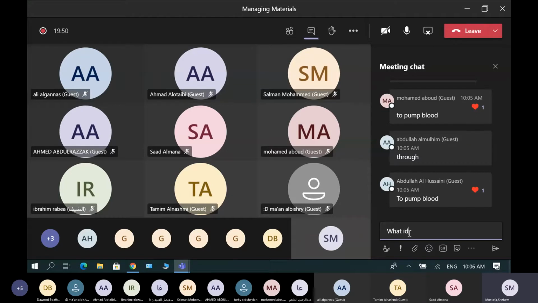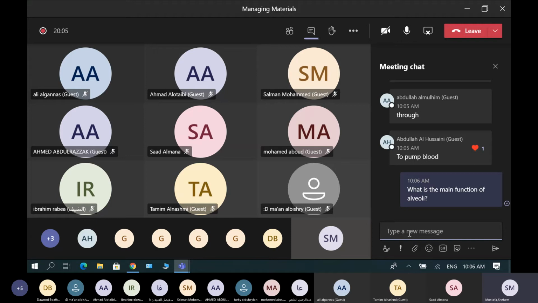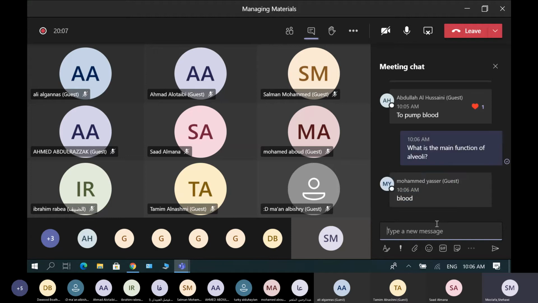What is the main function of alveoli? Not blood.